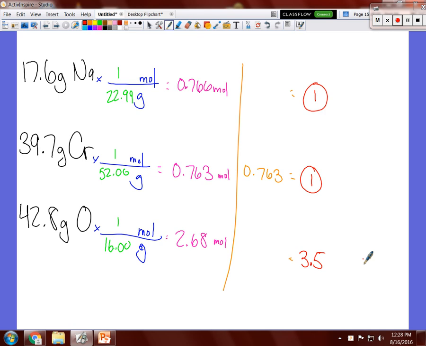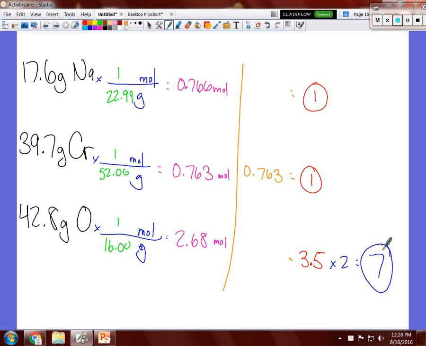That is not a 1, nor a 9, nor a 0. Therefore, what must you do? Here's the deal, and this happens quite often because people aren't paying attention. You are smart enough to know that if we multiply this by 2, this is going to be what? 7. Here's the problem. Every year I have students that then write their empirical formula as Na1 Cr1 O7.